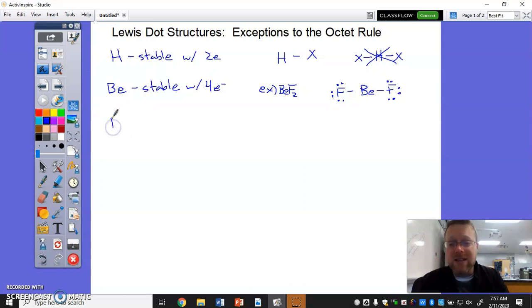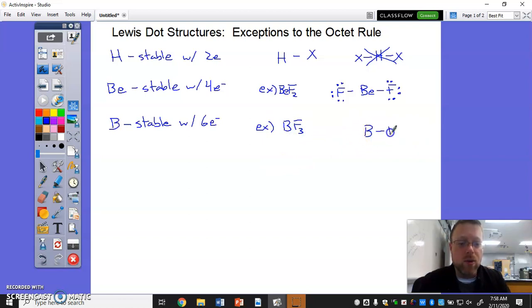Another exception that is less than 8 is boron. Boron can be stable in molecules with 6 electrons surrounding it. An example of that would be BF3. Boron can connect to 3 fluorine atoms, and in doing so, you see it's already got the 6 electrons surrounding that boron atom.